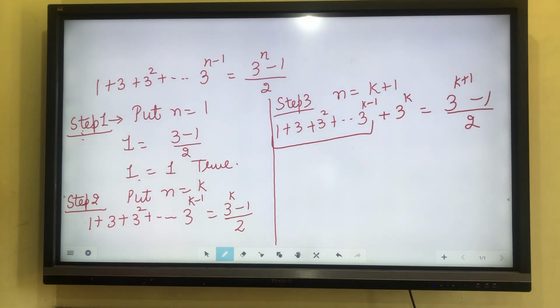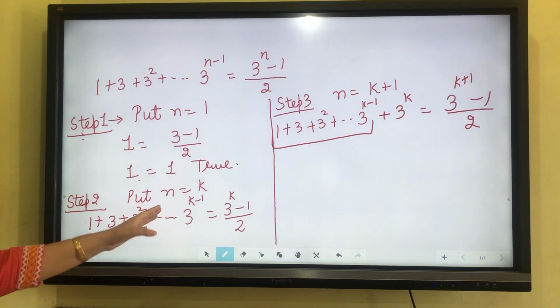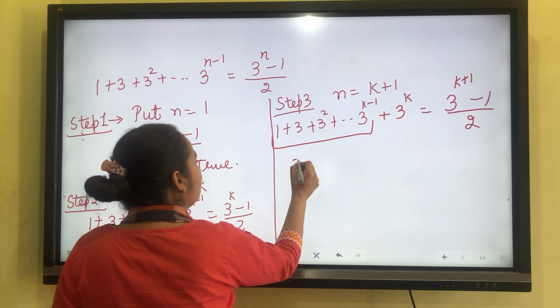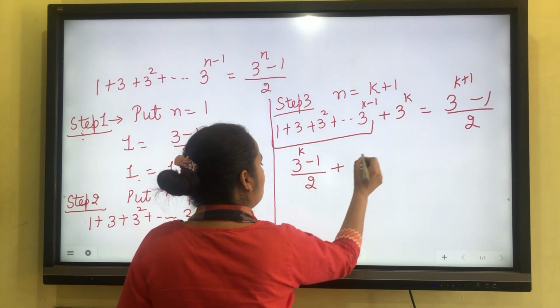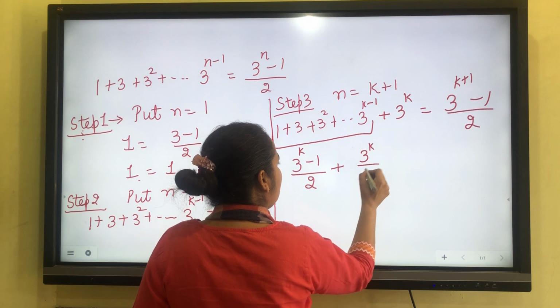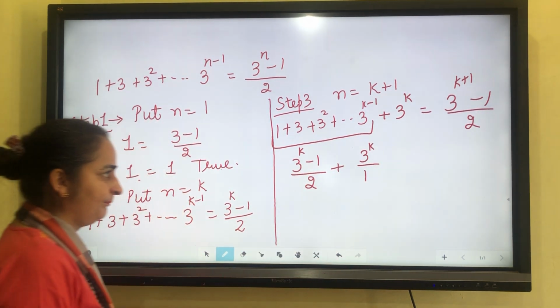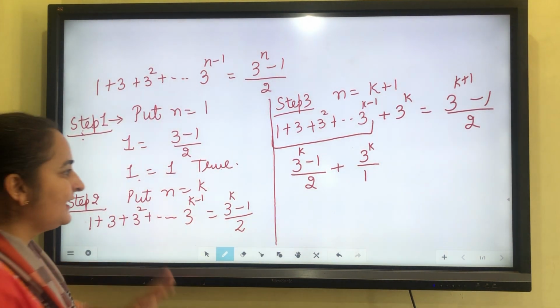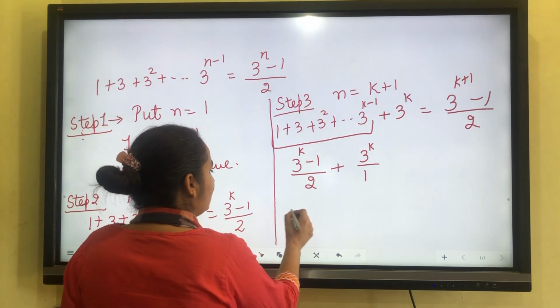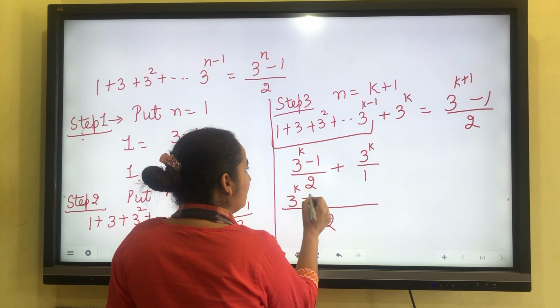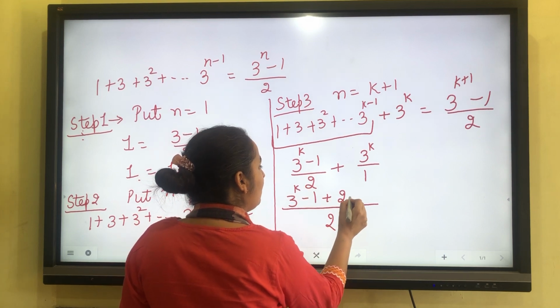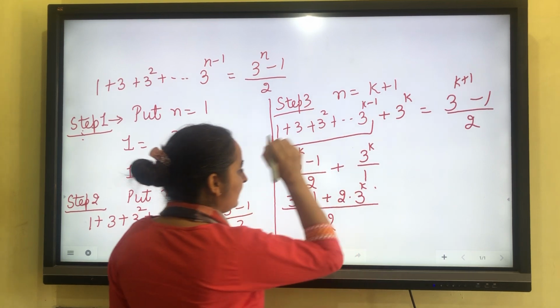What is the value of such terms from the second step? That is 3 power k minus 1 whole divided by 2 plus 3 power k whole divided by 1. Now let's take the LCM. LCM is 2: 3 power k minus 1, 2 multiply 3 power k.